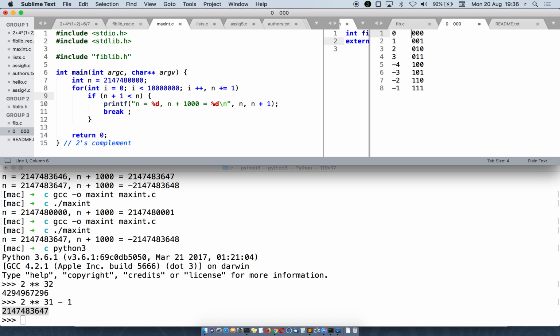So we have 8 numbers, right? The negative numbers are going to start at -8 divided by 2, and then you'll derive very easily the rule for the positive numbers.